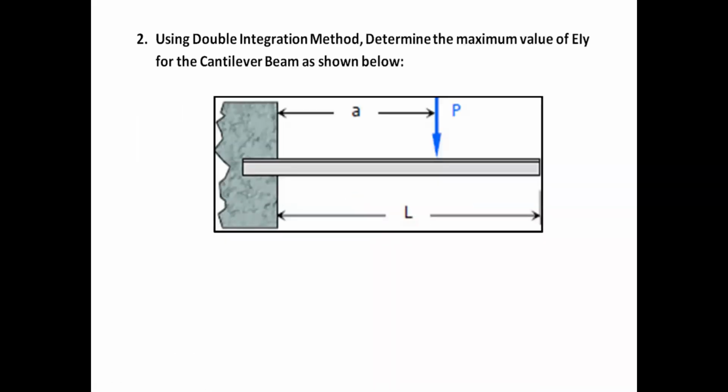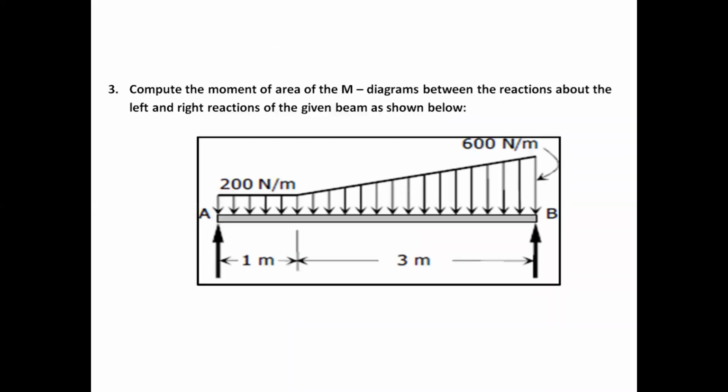Number 2, again using double integration method, determine the maximum value of EIY for the cantilever beam as shown below. And for number 3, compute the moment of area of the M diagrams between the reactions about the left and right reactions of the given beam shown below. So this is moment diagram.